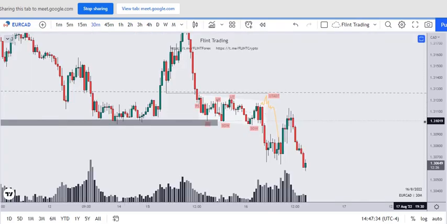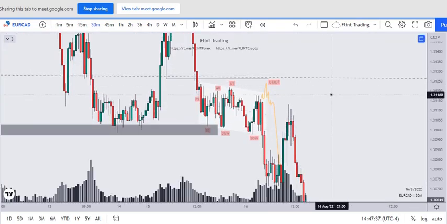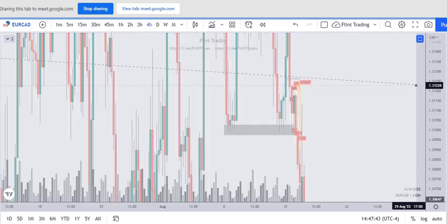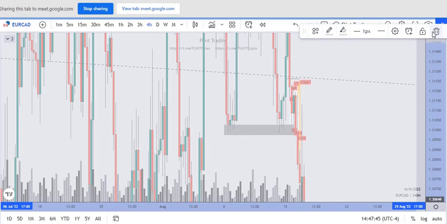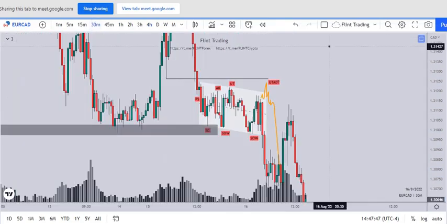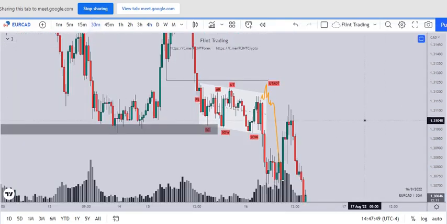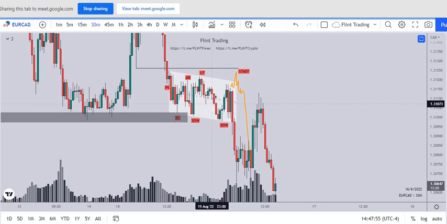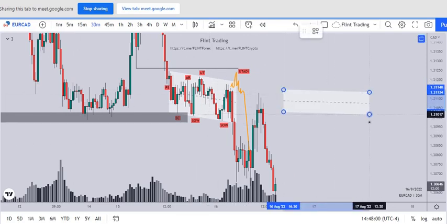So for my entry, I was looking at 30 minutes. Let me just remove this, it's disturbing. So for entry, I was looking at this consolidation right there. As you know, schematics are not always found clearly like that.